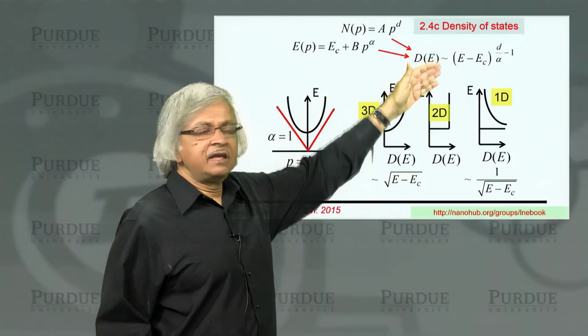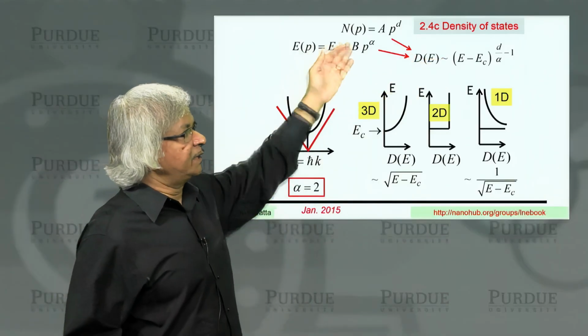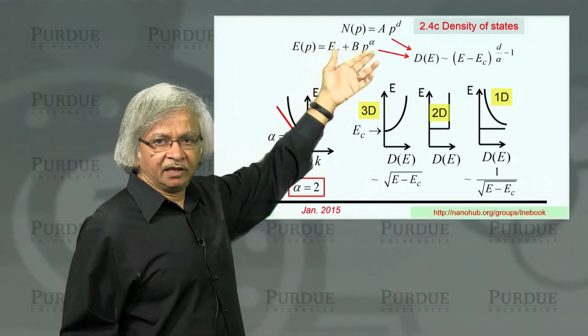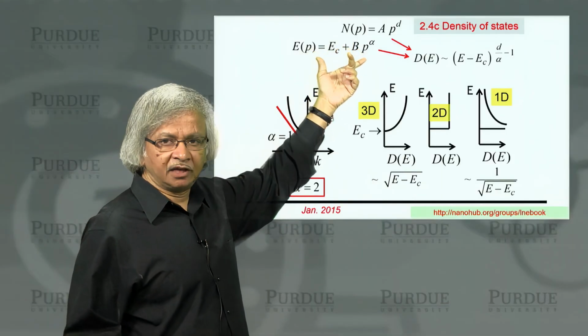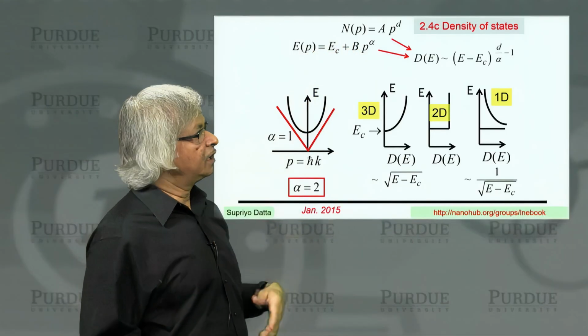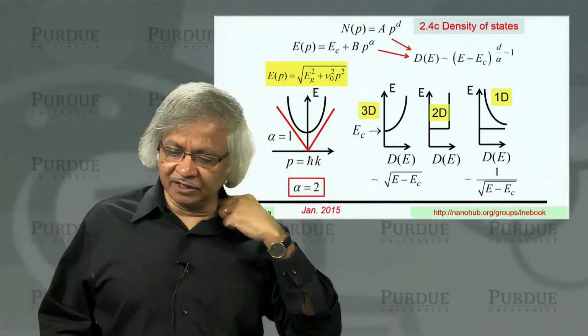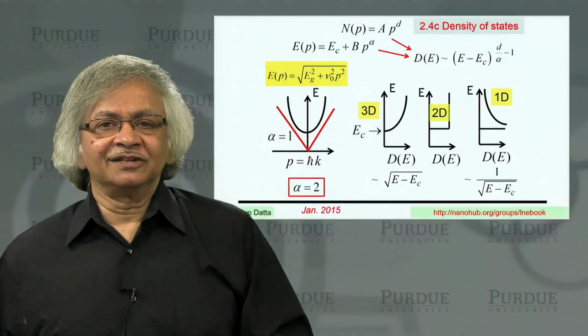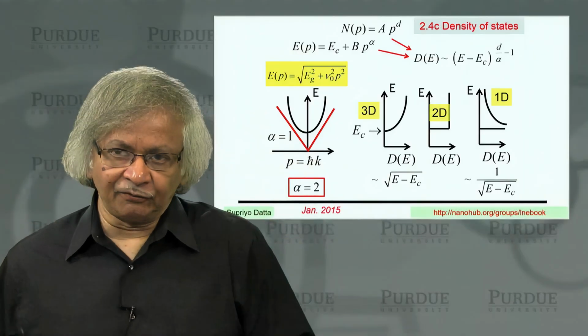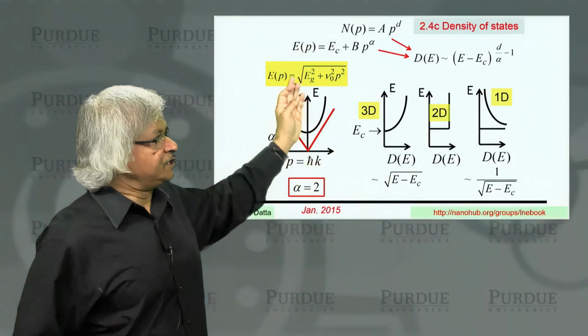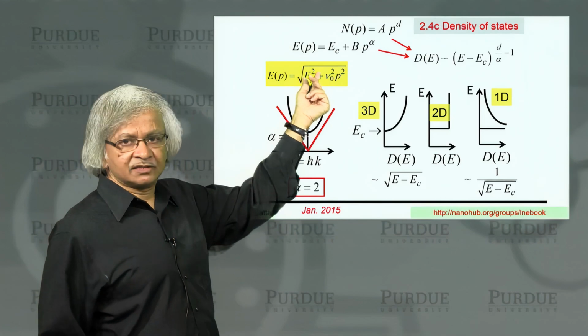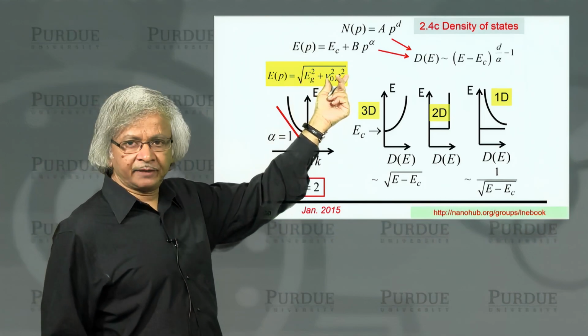And of course, in general, the energy momentum relation doesn't have to look like a polynomial, doesn't need to have this polynomial form that I mentioned. You could have things that look like this. I earlier mentioned that energy momentum could have this quote-unquote relativistic form, where energy is the square root of some constant squared plus some p squared.